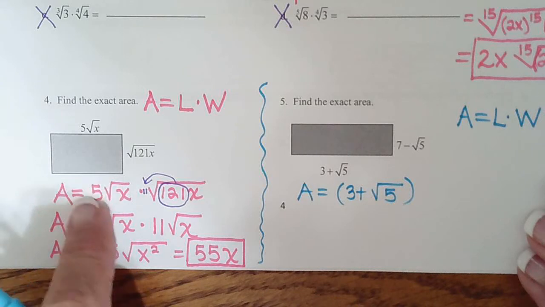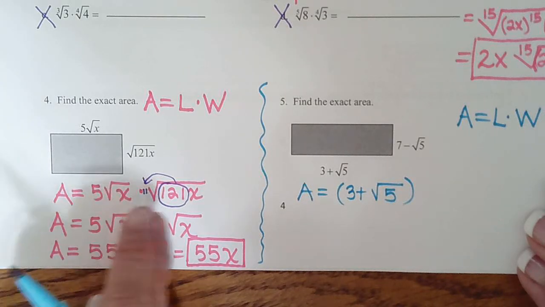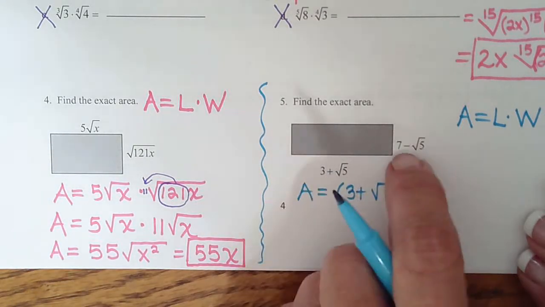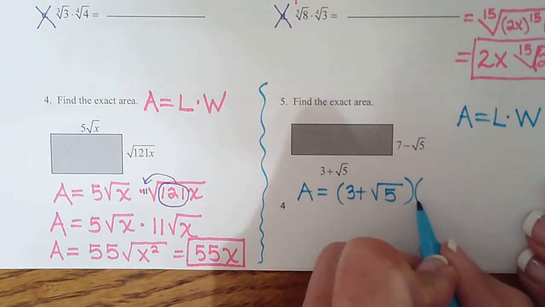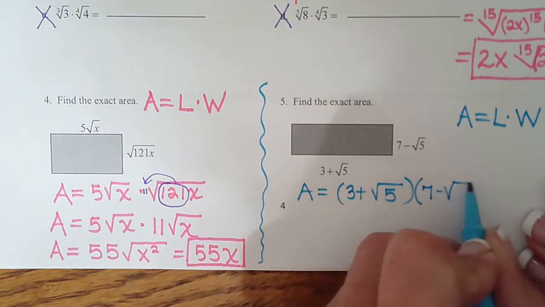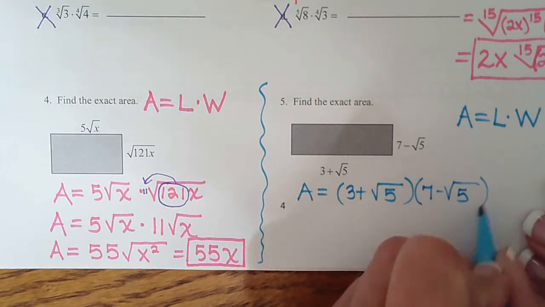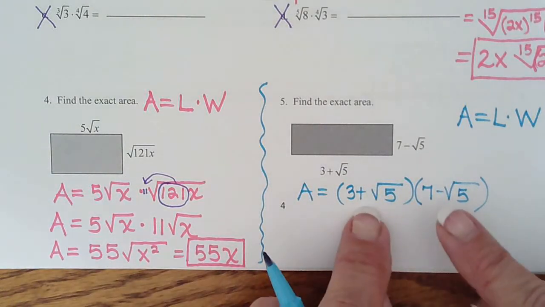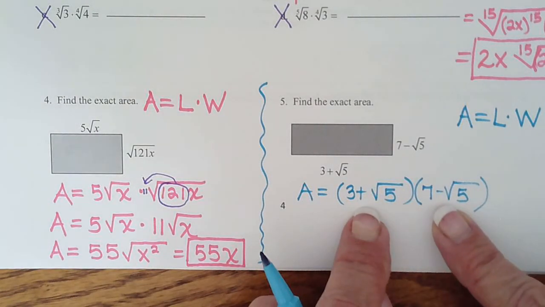Here it was a single term because this is multiplication times a single term. Here it's going to be two terms multiplied by two terms. So they both have to be in parentheses. It's not optional. So these problems are different in the fact that this is one term times one term, so you just multiply. But these are two terms by two terms, so we have to FOIL.